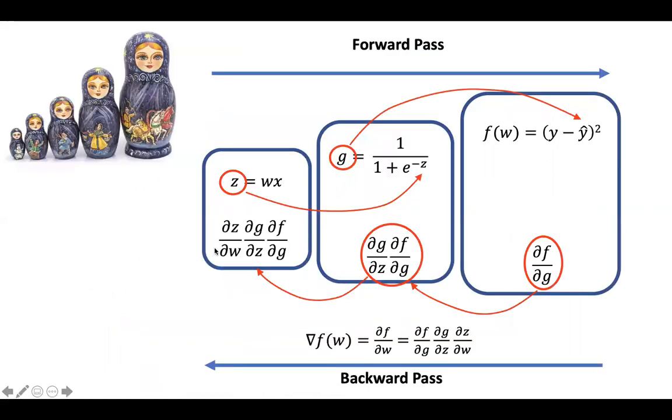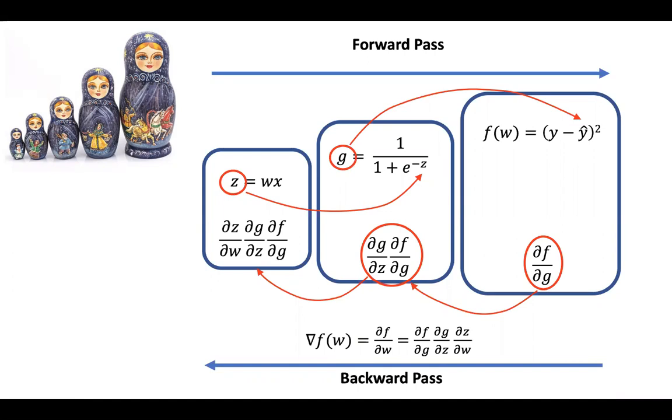If it's a bit difficult to understand, you may think of it as a kind of Russian doll of functions. You have one function Z, which is in turn an argument of another function J, and this function J is actually an argument in another function f of w.